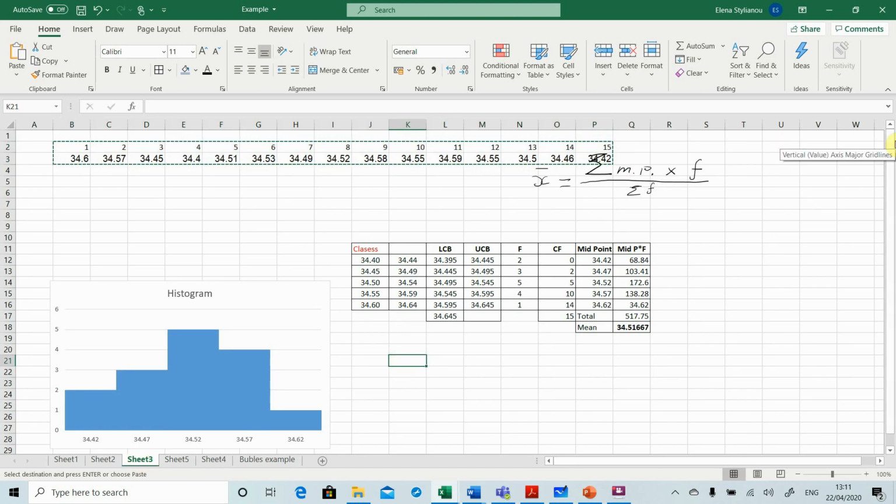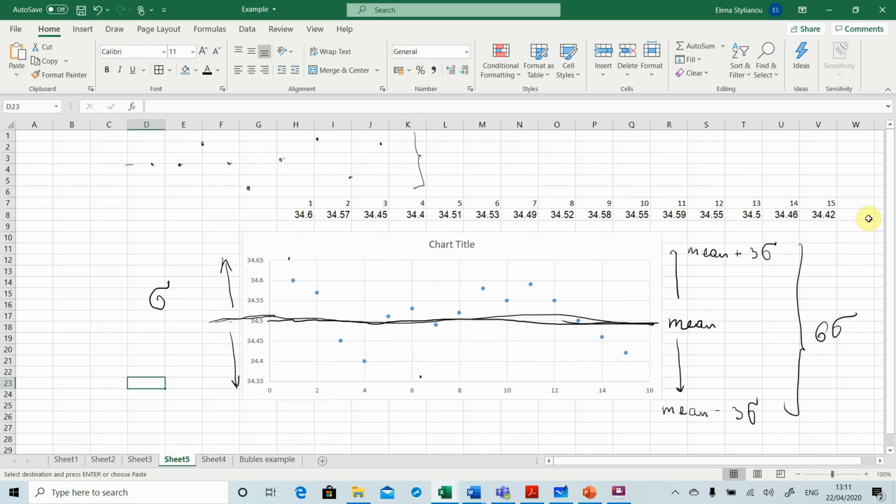Okay, let's see how to calculate the standard deviation. First of all, you need to know the formula for standard deviation, because here we just have to apply it. Sigma is a spread around the mean. Let's come back here. It's kind of an average of those distances, but some distances are positive, some are negative.